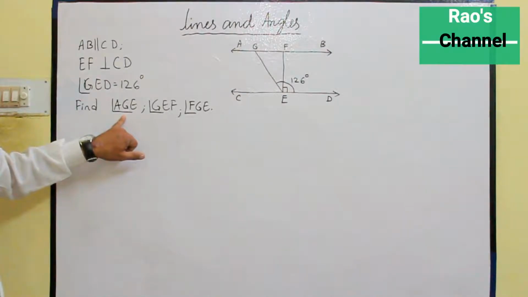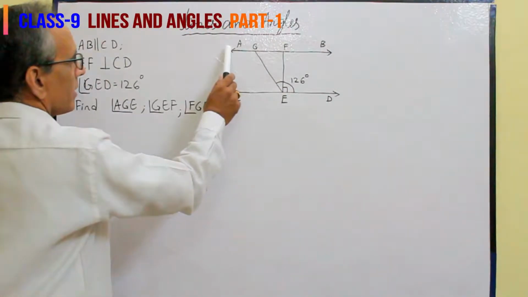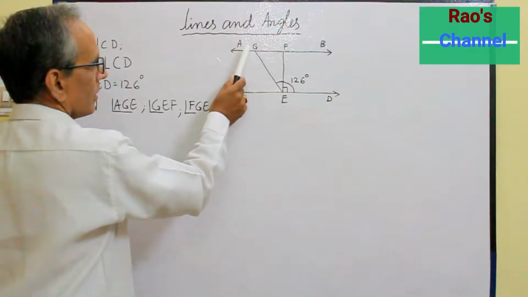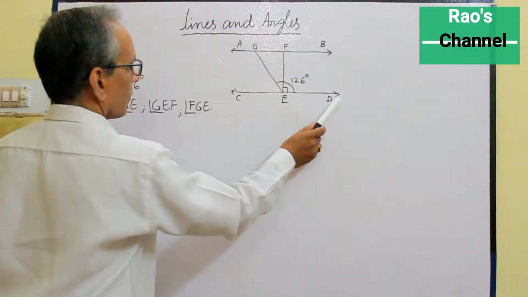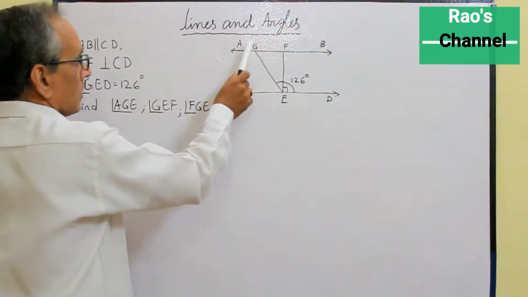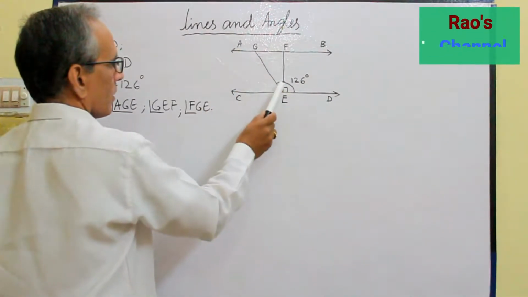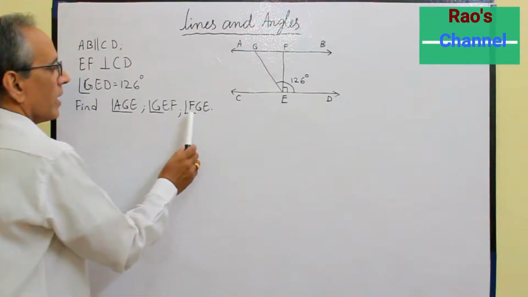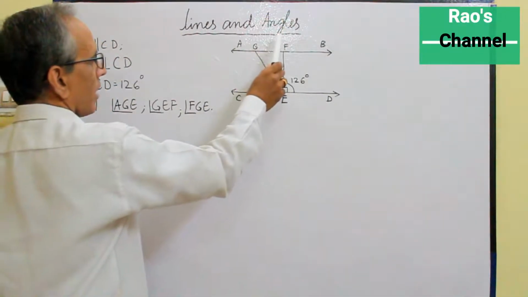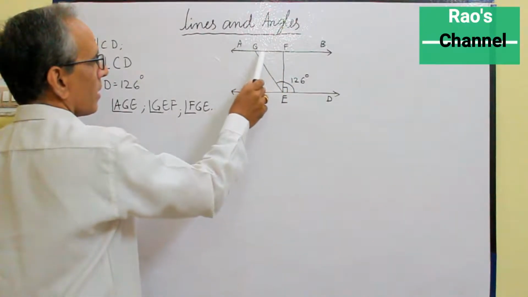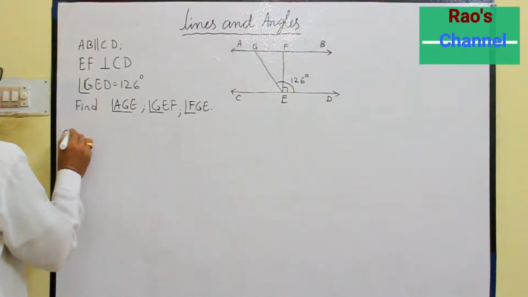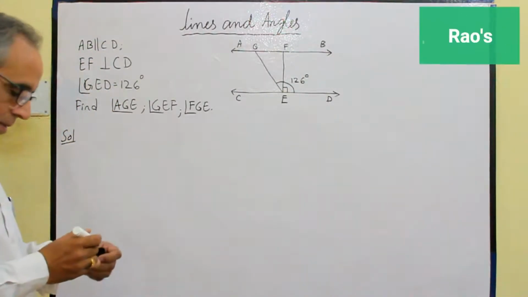Angle AGE, angle GEF, which is a part of 126, and angle FGE. In my solution, of course, we copy the whole figure in the answer paper.